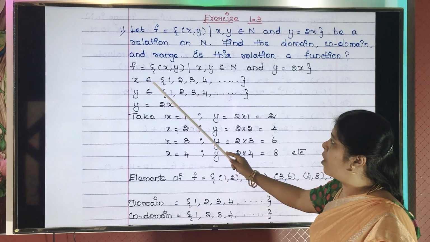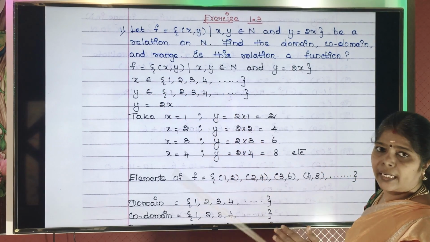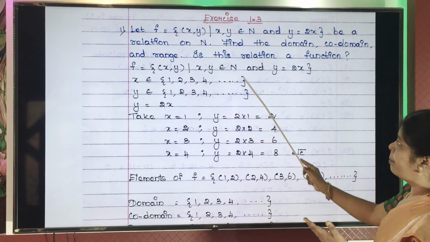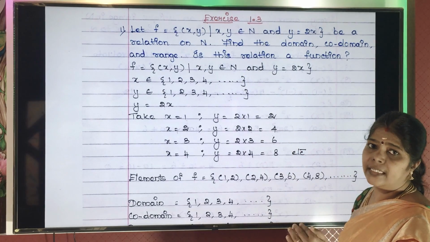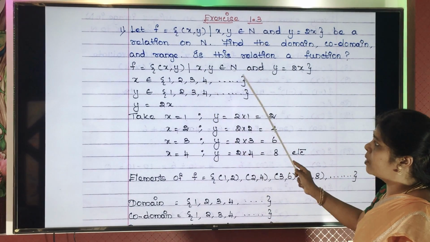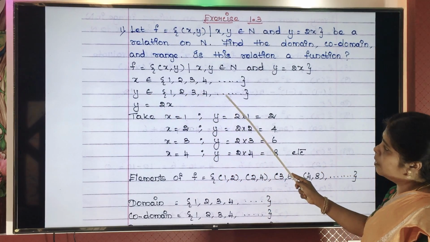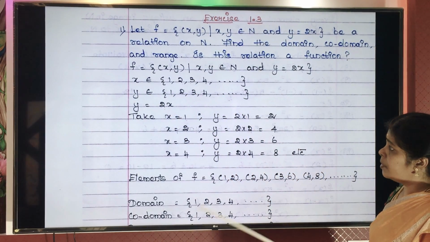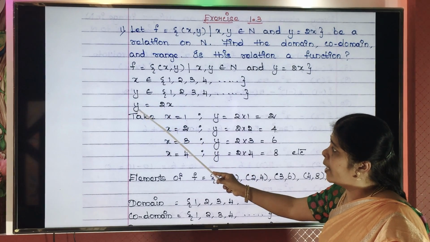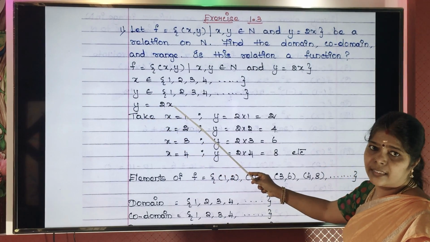So x belongs to 1, 2, 3, 4, it keeps going. Why does it keep going? Because they have not given the end, the limit. Similarly, y belongs to 1, 2, 3, 4, again it keeps going. What is the rule given? y is equal to 2x, isn't it?